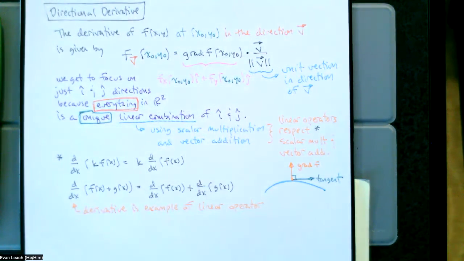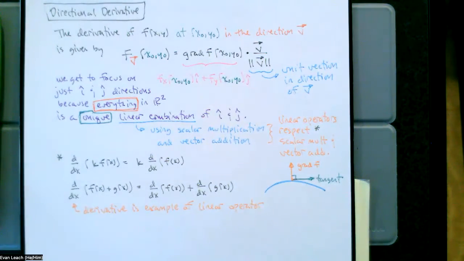If we're going in the same direction as the gradient, the angle between our vector v and the gradient is 0. Our multiplier is 1. The component of the unit vector in the direction of the gradient is all of it.